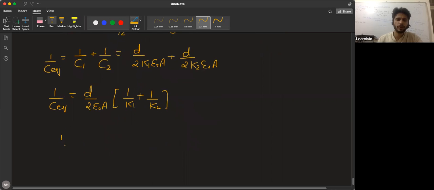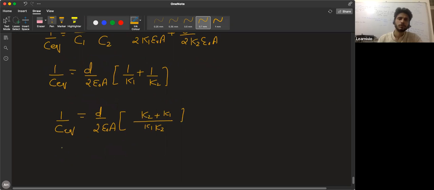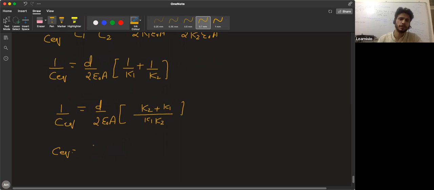So you can write 1 by C equivalent as D by 2 epsilon naught A times K2 plus K1 over K1 K2. So C equivalent is 2 epsilon naught A by D times K1 K2 by K2 plus K1.